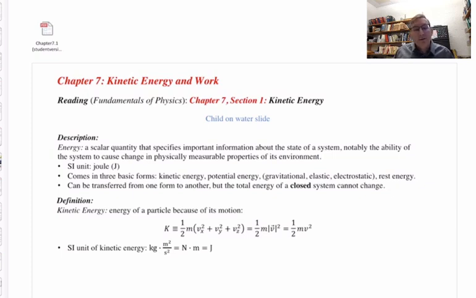Well, let me try to motivate why we're going to do this. There might be situations where a particle is moving under certain conditions, but applying Newton's second law to describe or explain the motion would be very mathematically complicated.